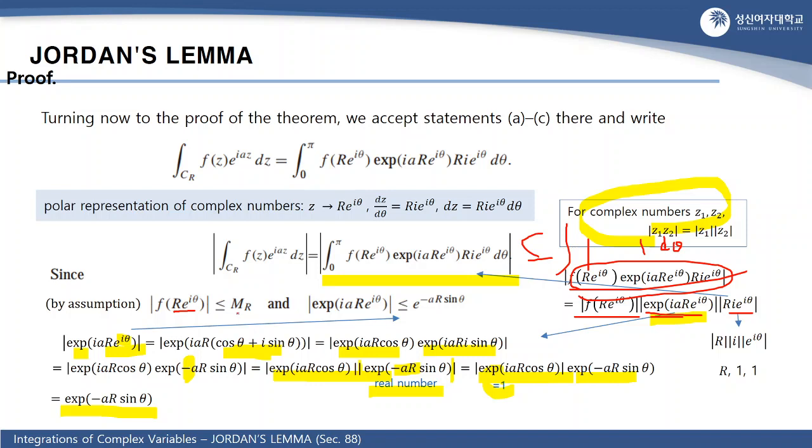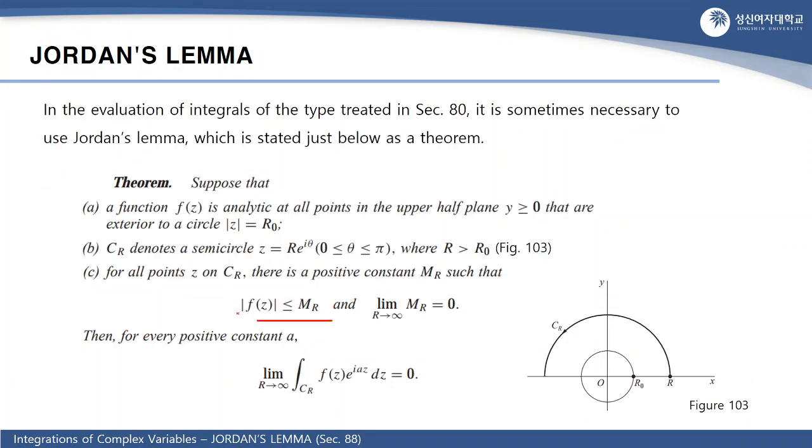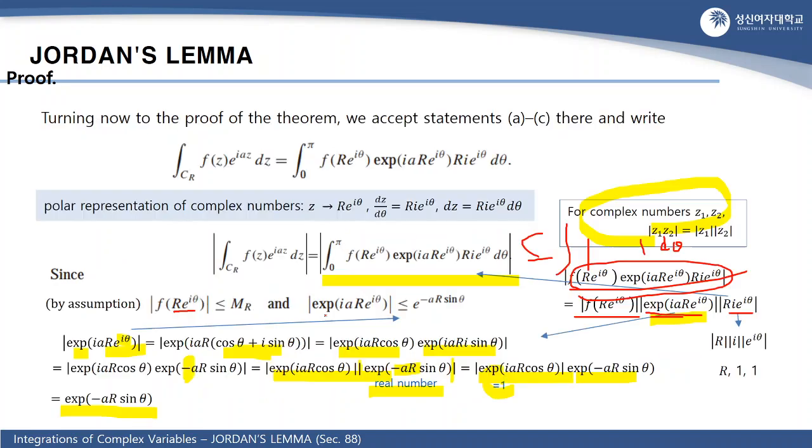As I just said, this is the assumption: you can see that the magnitude of f of z is less than or equal to capital M sub R, but we just use the polar representation of complex numbers here, so z is replaced by R times exponential of i theta.